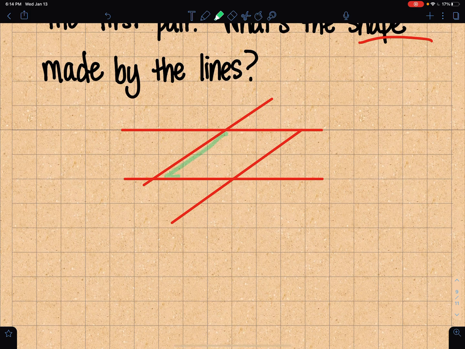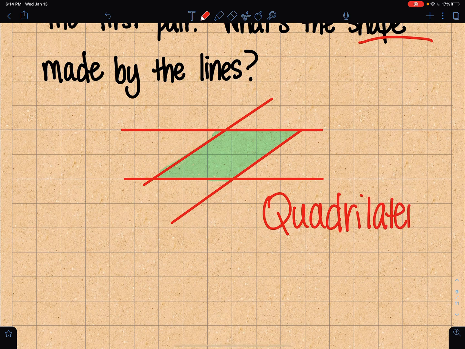So then it wants to know, what is the shape that you just made? So what is this shape? Okay, so what do you think it is? I mean, you could say it's a quadrilateral. But you could also say it's something else, right? How do you spell it? Quadrilateral.